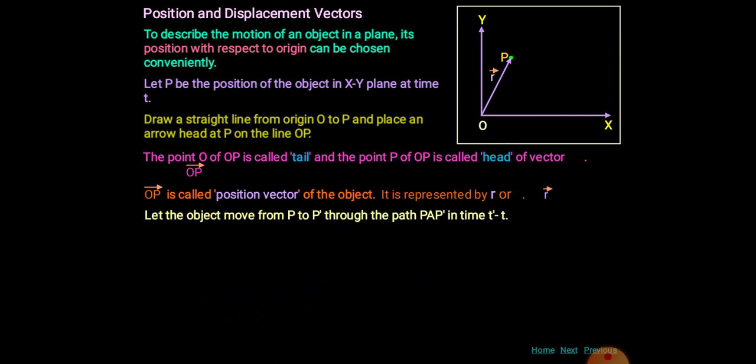Now try to understand the displacement. Here the object moves from P to P dash through a path PAP dash in time T dash minus T. What does it mean?